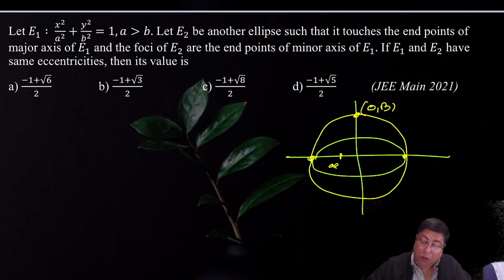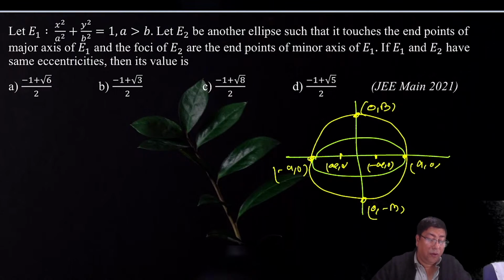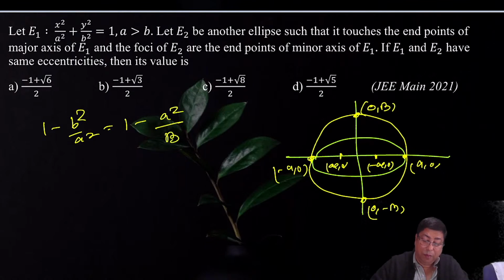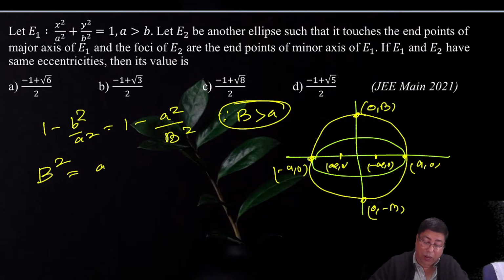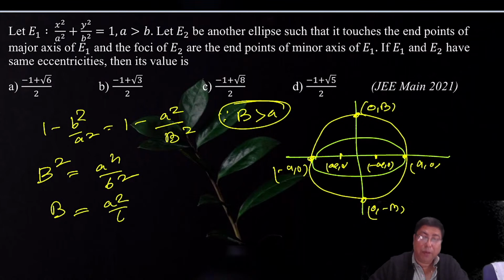This is (0, B) and (0, -B), suppose, and this is (A, 0) and this is (-A, 0). Therefore, since the eccentricities are same, we can write 1 - B²/A² = 1 - A²/B², since B greater than A. Therefore, B² = A⁴/B², and B = A²/B. Here we are getting.